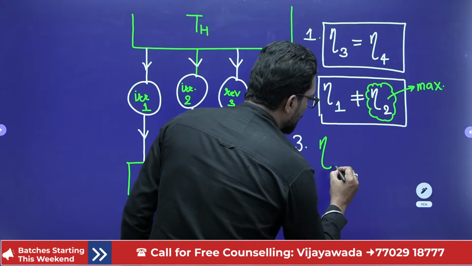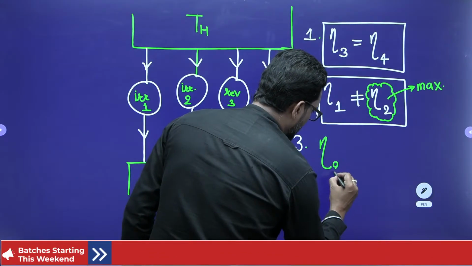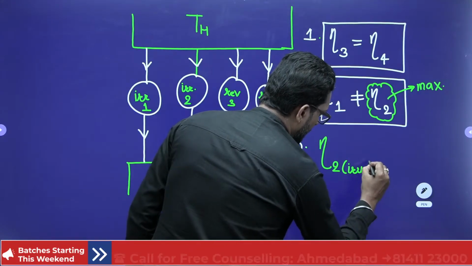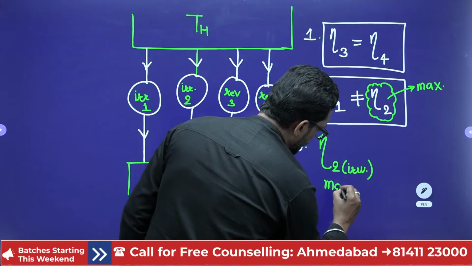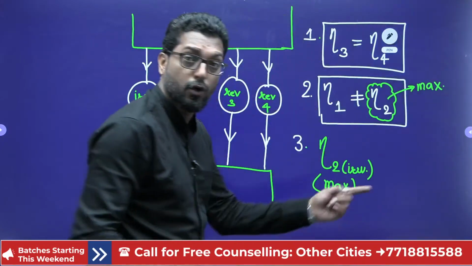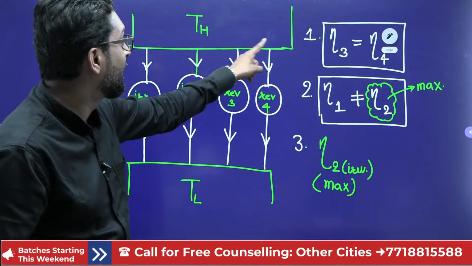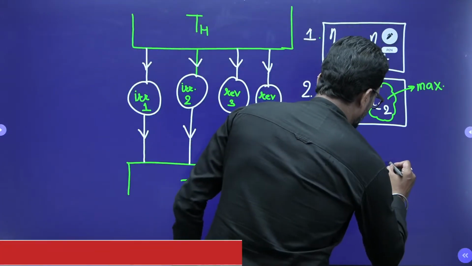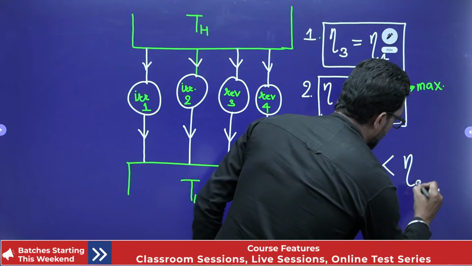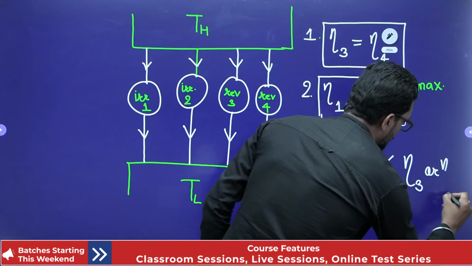The second is irreversible, and that is the maximum. That maximum is lower than the efficiency of 3 or the efficiency of 4.